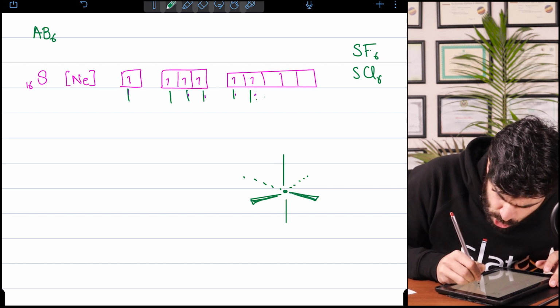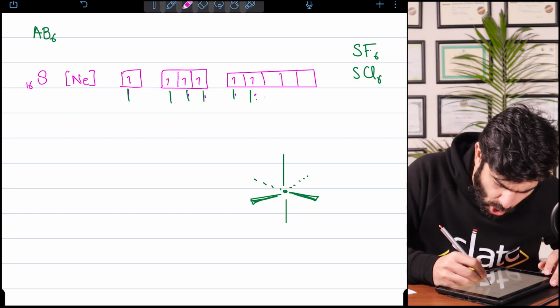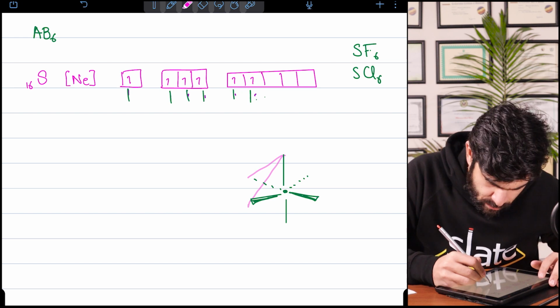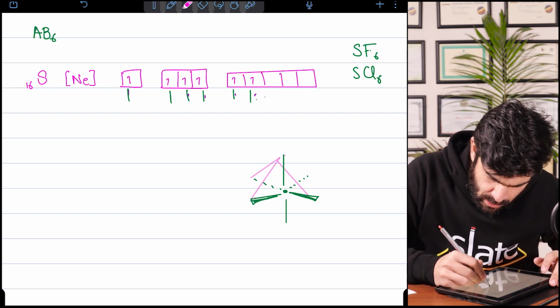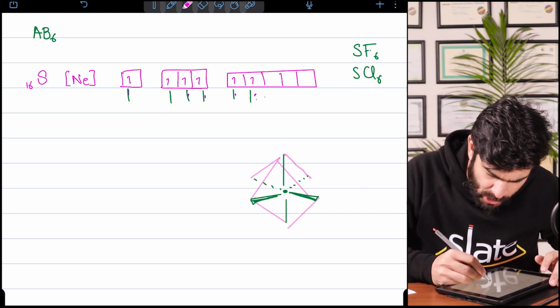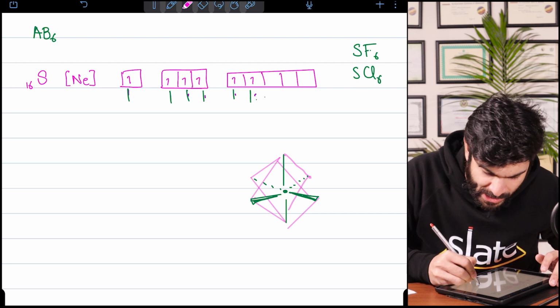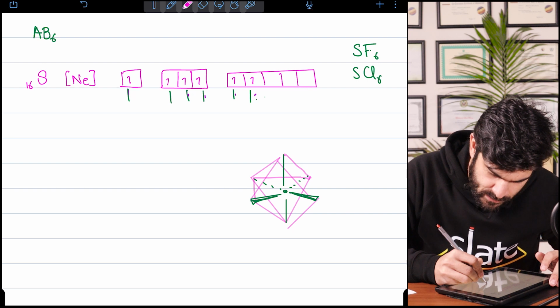And then this is also 90 to this one. When we all connect the dots, the shape doesn't look like that because I can't draw it that way, but it looks somewhat like that.